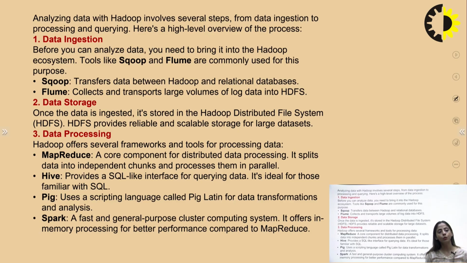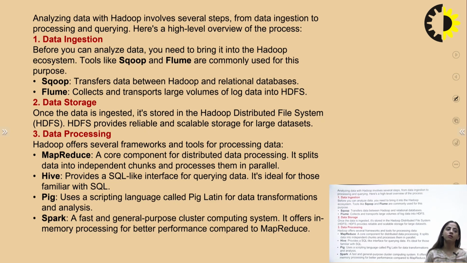Tools like Sqoop and Flume are commonly used for the purpose. Sqoop transfers data between Hadoop and relational databases. Flume collects and transports large volumes of log data into HDFS. Second is data storage. Once the data is ingested, it is stored in the Hadoop Distributed File System. HDFS provides reliable and scalable storage for large data sets.